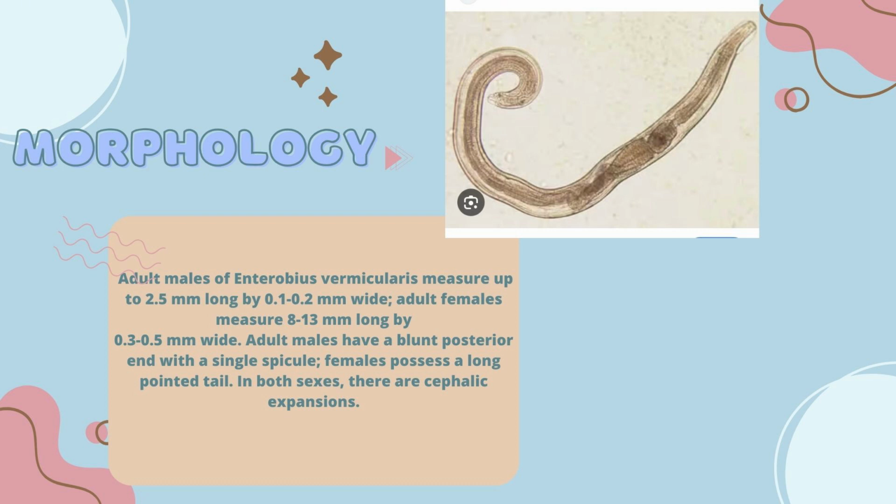Adult females measure 8 to 13 mm long by 0.3 to 0.5 mm wide, while adult males have a blunt posterior end with a single spicule. Females possess a long pointed tail. In both sexes, there are cephalic expansions.